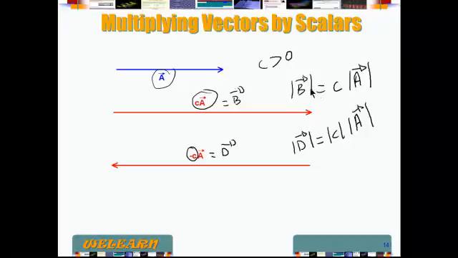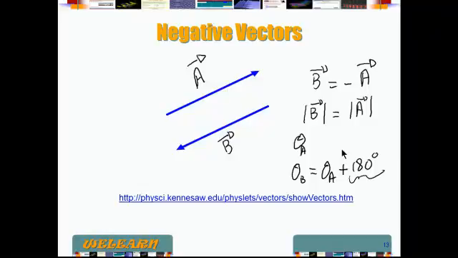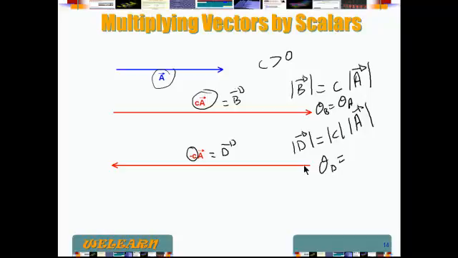If C is positive, theta sub B is the same as theta sub A. Now, if C is negative, theta sub D is essentially using the same concept that we have learned when we worked with the negative vectors. When we multiplied it by a negative scalar, we get a vector pointing in the opposite direction. So the new direction is going to be theta sub A plus 180 degrees.